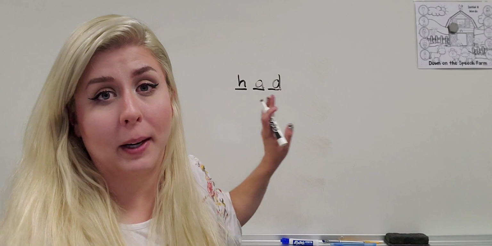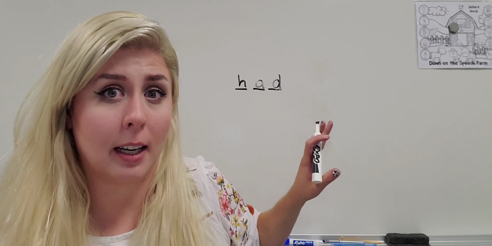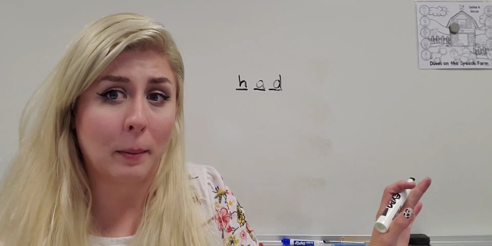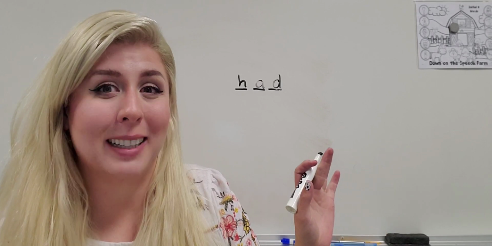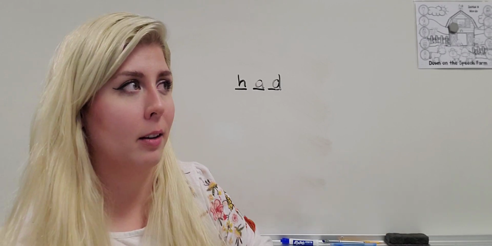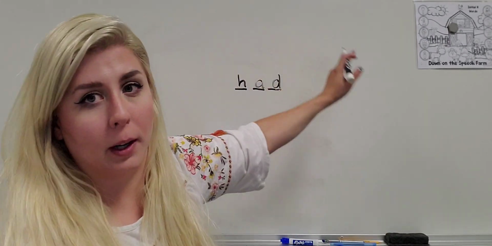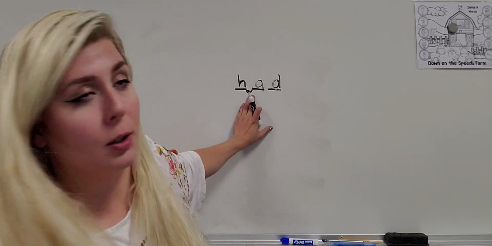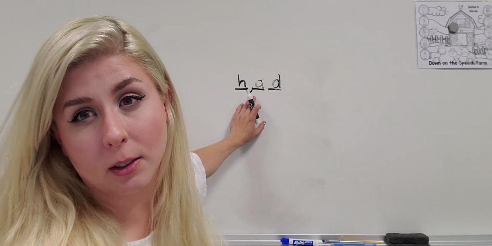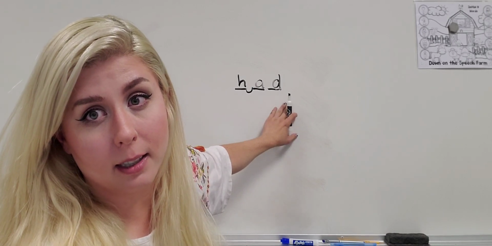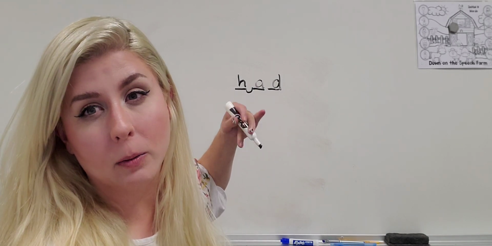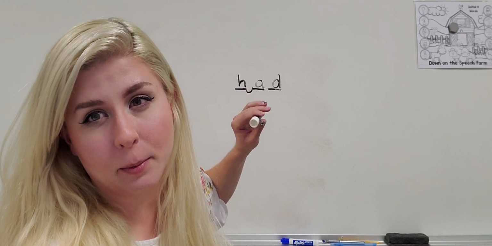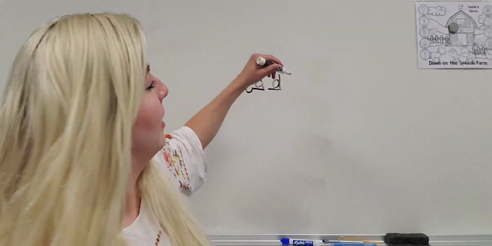A lot of times my kiddos also have a hard time with blending. So they usually won't be able to tell me the word exactly after going through it once. So I will do one of these and blend it. So I'll go, had. Now about 50 to 60% of my kids will get it.